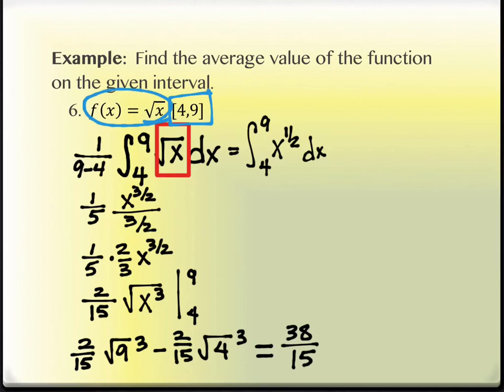So you do window, x minimum 4, x maximum 9, and negative 10 to 10 is still fine on your y values. It won't hurt anything. It's going to look a little squished, but it's okay. And then in y2, I want you to put 38/15.